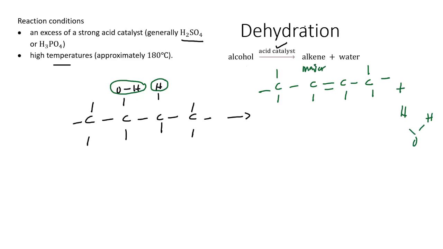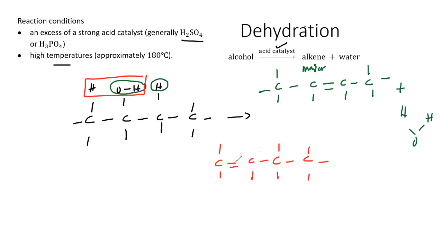Now, if I want the minor product, I said it to you guys, family, you remove the OH and the H on the left-hand side. So I'm going to remove this, and then I've got 1, 2, 3, and then 4 right there. Then I'm going to have a double bond there.